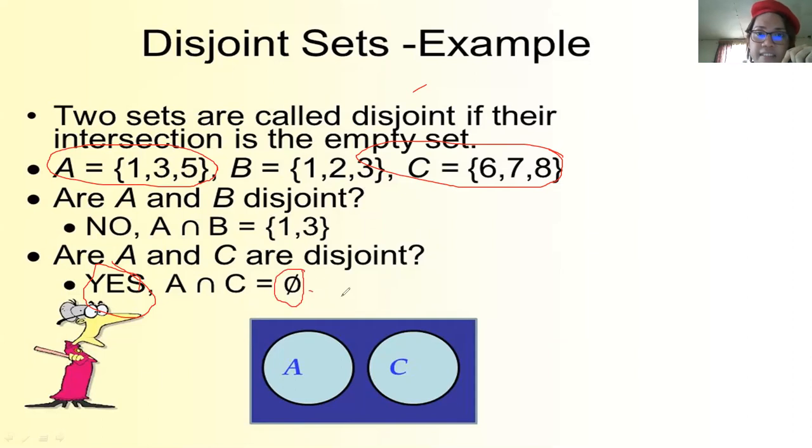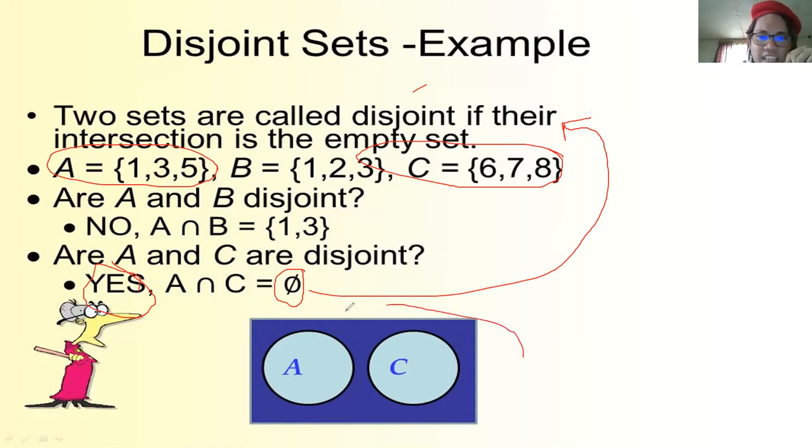That means it satisfies the definition of disjoint sets, which states that two sets are called disjoint if their intersection is the empty set. So since their intersection is a null set, we can say that A and C are disjoint.